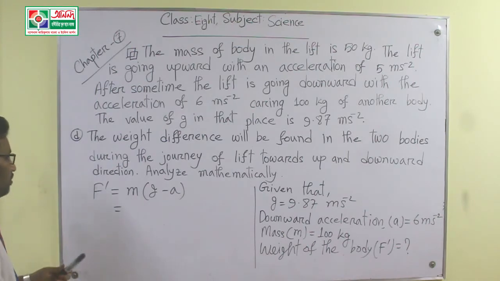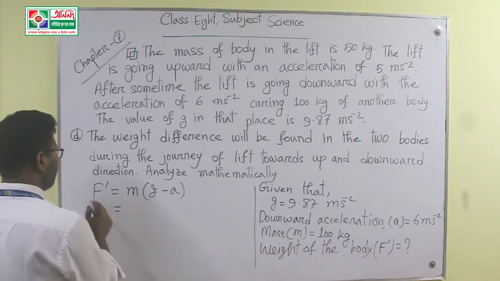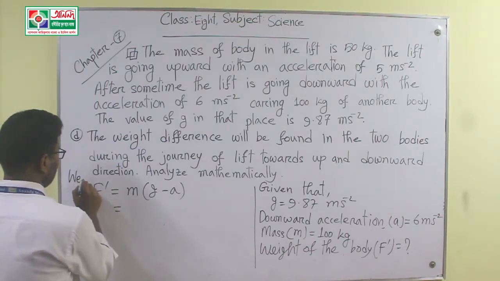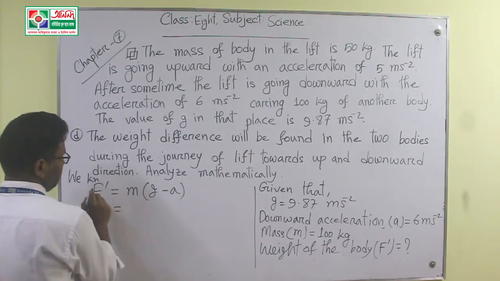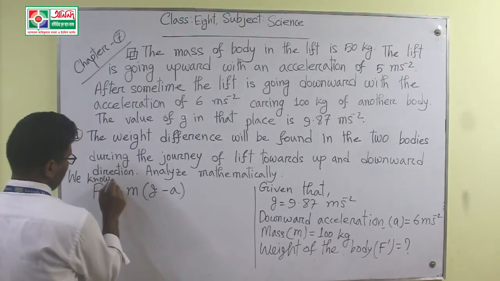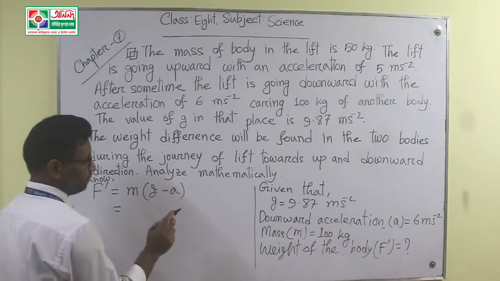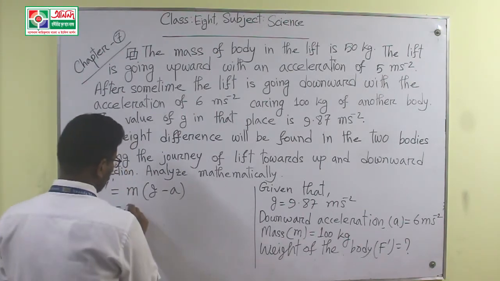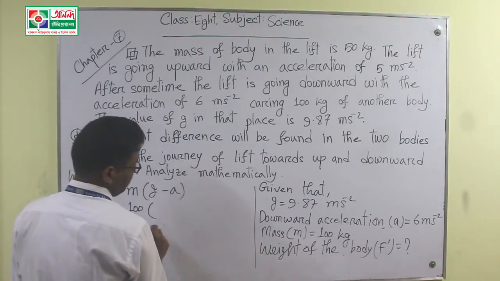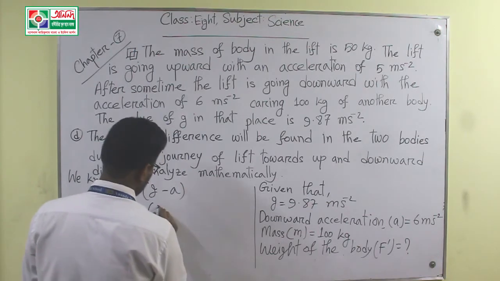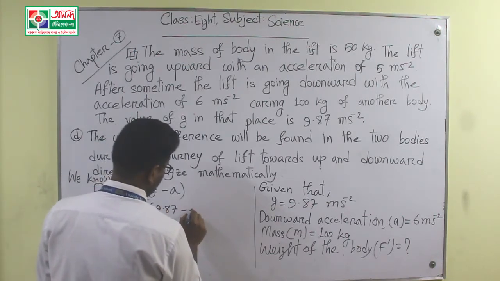We know F prime equal to m into g minus a when the lift is going downward. m is 100, small g 9.87 minus 6.